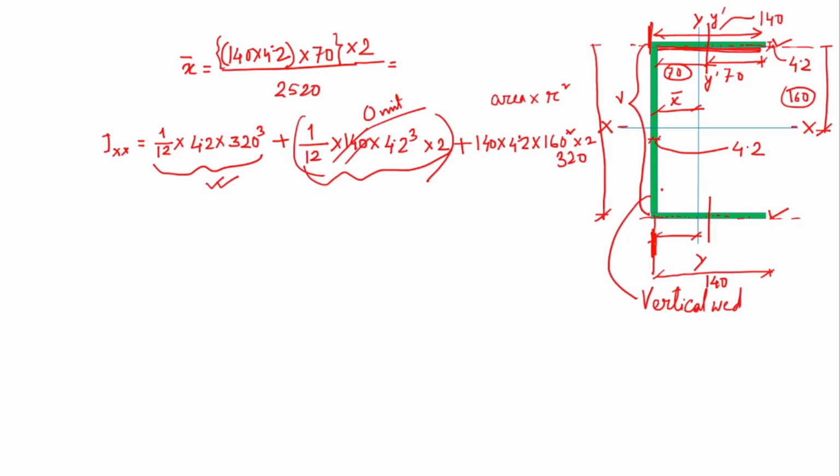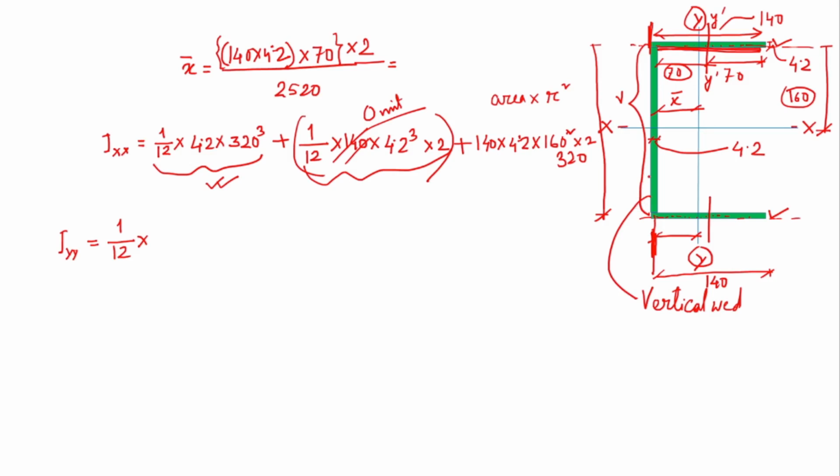Next, I have to calculate the moment of inertia about y-axis, which is Iyy. In this case, this is the y-axis, YY. So for that case, first of all I shall calculate the moment of inertia of the vertical part. So in this case, 1 by 12 into BD cube. Now for the vertical part, the B will be 320.